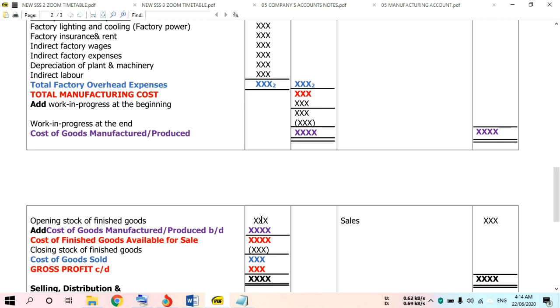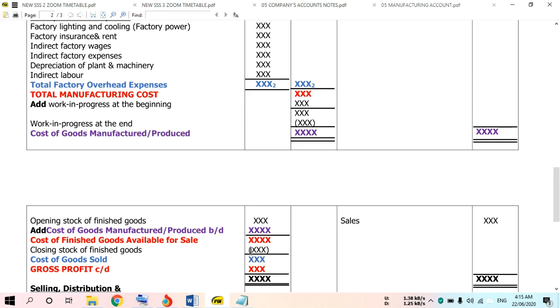When you add these two together, you get your cost of finished goods available for sale. When you see the closing stock of finished goods, you subtract it from the cost of finished goods available for sale, and that will give you cost of goods sold.